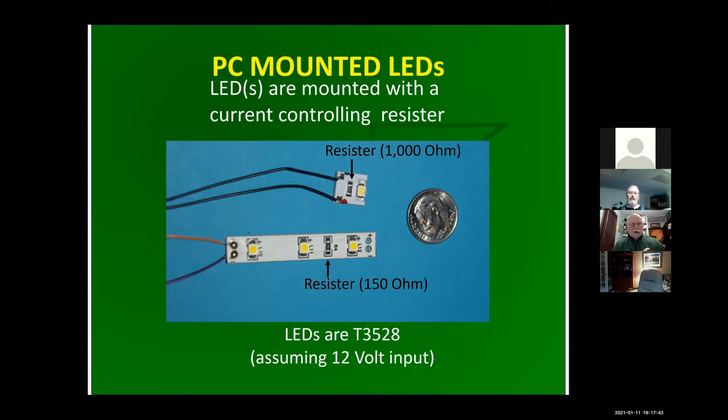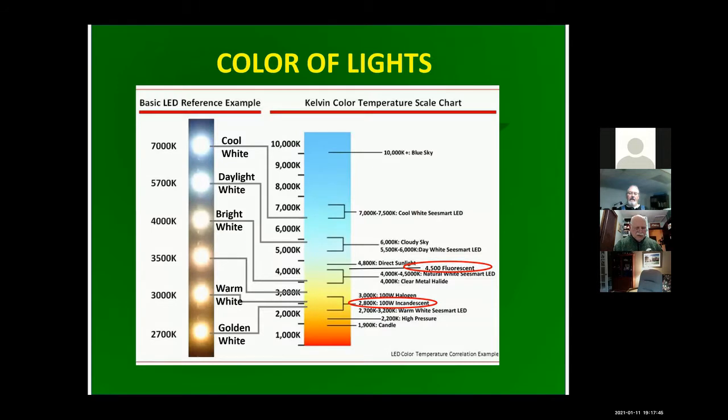Now, LEDs come in different colors, and why is this important? If you're modeling in the 1950s or earlier, you didn't have a whole lot of what I would call fluorescent lights around.